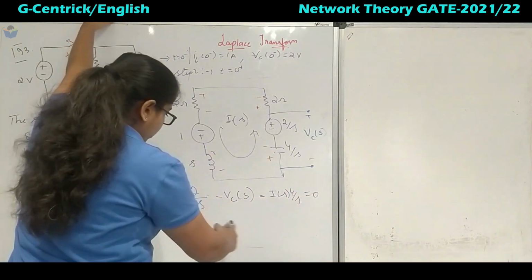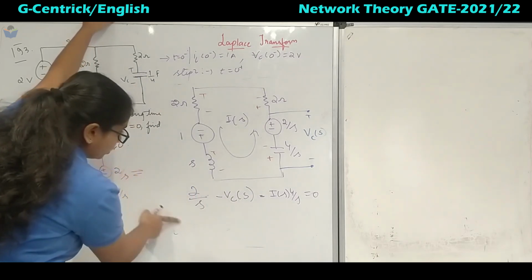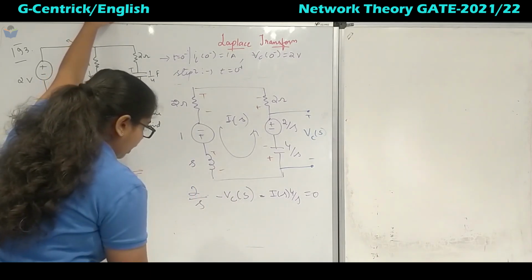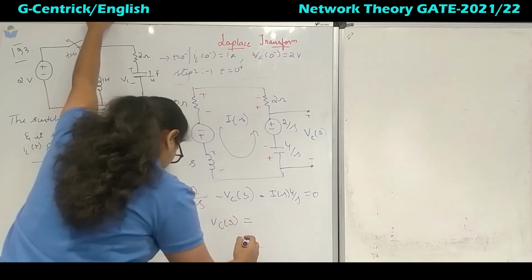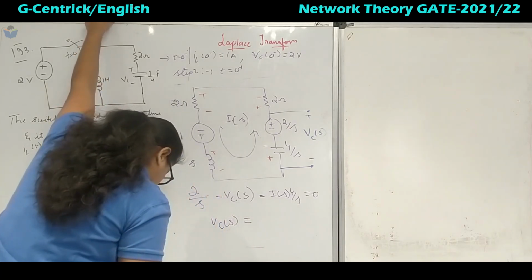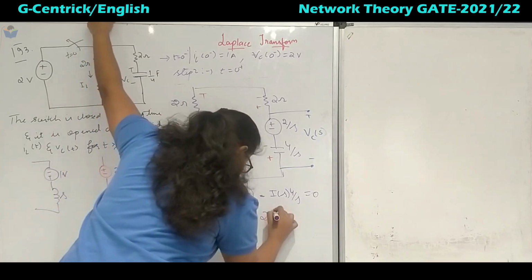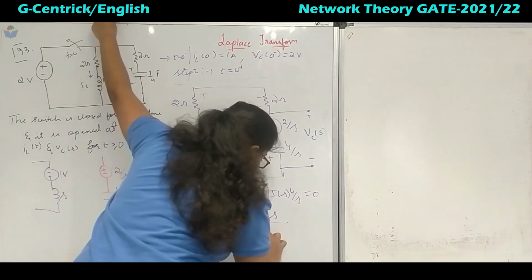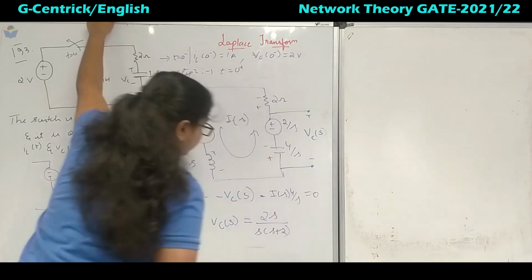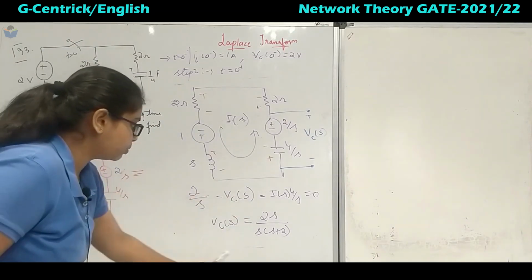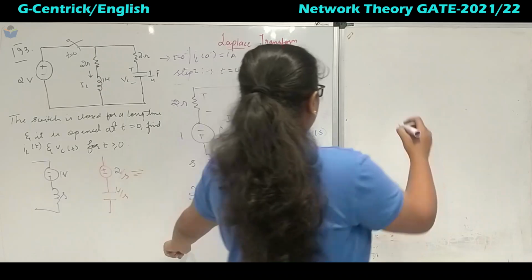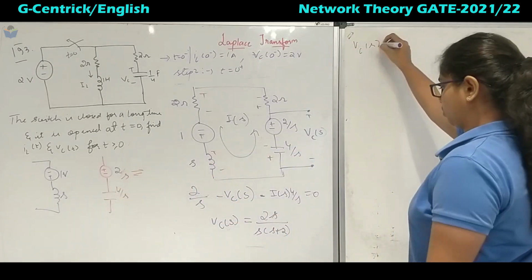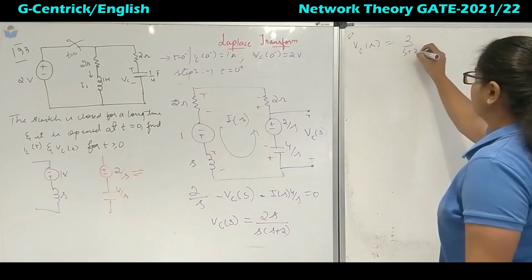If you simplify all this, you will get the value of Vc of S as 2S over S into S plus 2. The S's get cancelled, so Vc of S will be equal to 2 over S plus 2.